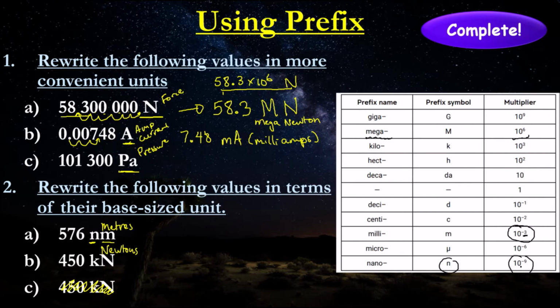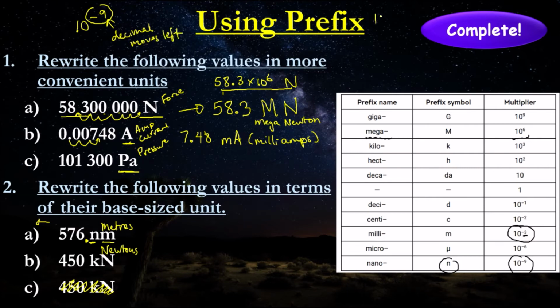And we have 10 to the power of minus 9, which means that if we have a decimal point here, we need to move this decimal point 9 times to the left-hand side. So maybe I'll just make that very clear. If you get a negative indice, the decimal moves left.